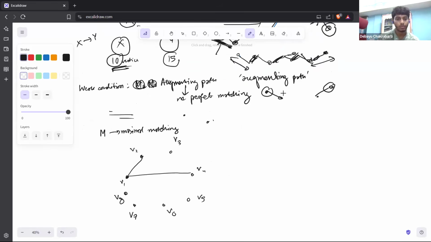Let's just draw random edges. That looks good. So suggest any two matchings. Possibly, let's just find a perfect matching here first.